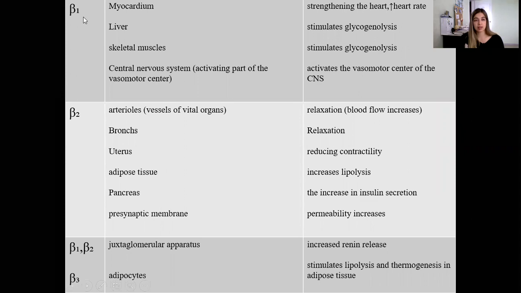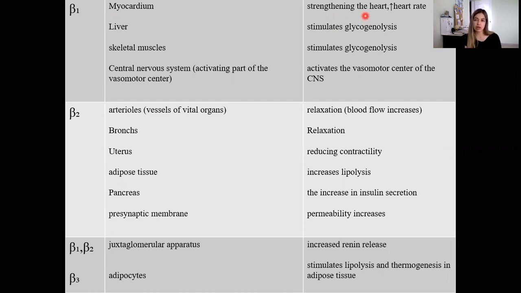We have next beta-1 adrenergic receptors. They are very interesting because they have a very pronounced effect in many sites, and especially they really affect the blood pressure. Why? Because the first application site is the myocardium, which increases the heartbeat, increases the heart rate and the contractions of the heart.